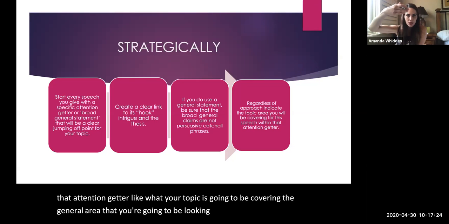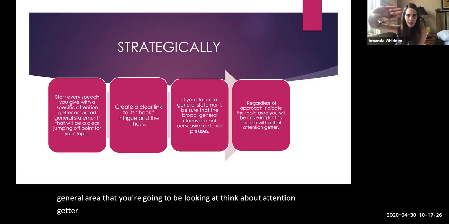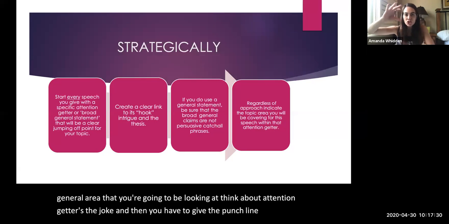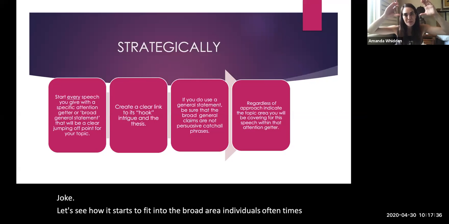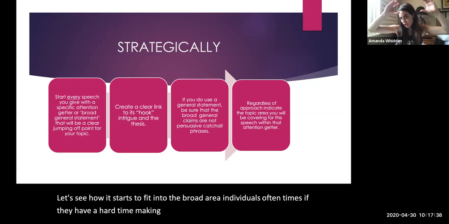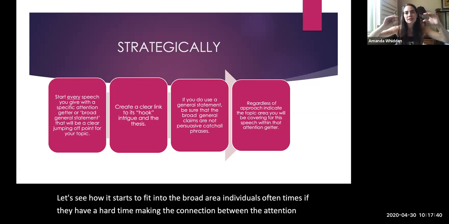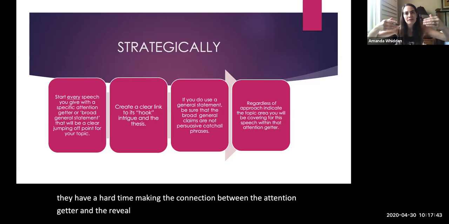Think about the attention getter as the joke, and then you have to give the punchline after that joke. Let's see how it starts to fit into the broad area. Individuals oftentimes have a hard time making the connection between the attention getter and the reveal topic, the second part where they let us know what it is.